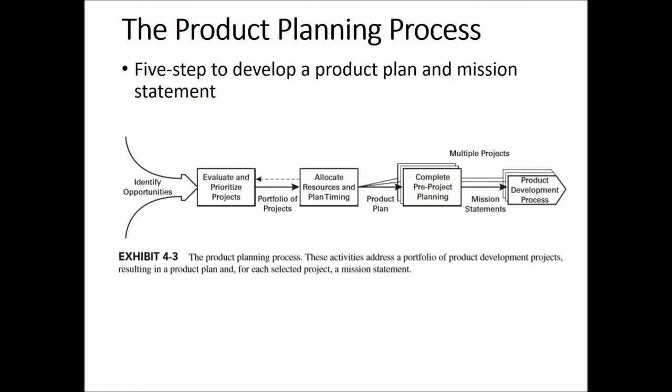You start the process with identification of opportunities, and then you evaluate and prioritize the things that are to be done, and accordingly we work out the portfolio, and then we allocate resources and time planning, and then we get the product plan, and then we do some pre-planning, and we get the mission statement, and then that mission statement will be used in the product development process for the rest of the activities.